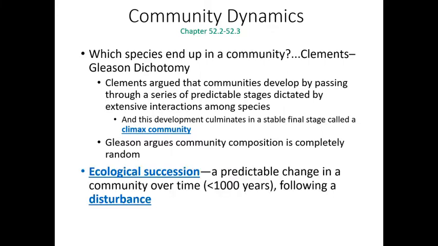But we also know that there is a predictable pattern of when species are able to grow and thrive. The community changes over time. Following a disturbance, we see relatively the same species showing up at the same times. And so the Clements-Gleason dichotomy, well, it's somewhere in the middle. It's a little bit of both. And so this process of changing over time is called ecological succession, and we're going to talk about that more now.